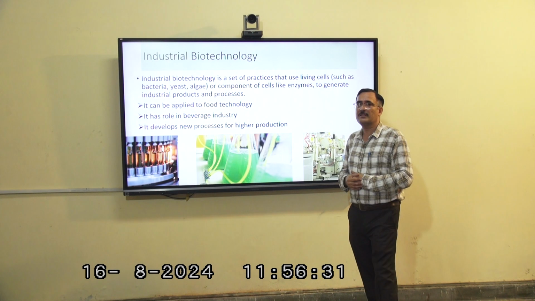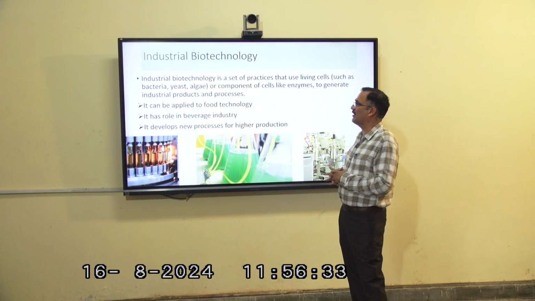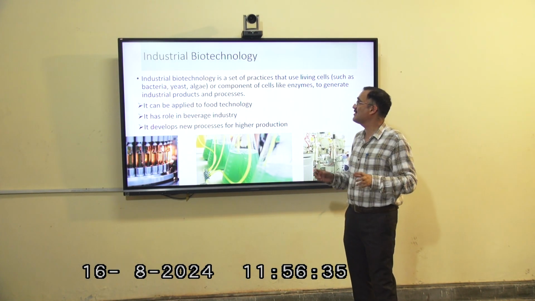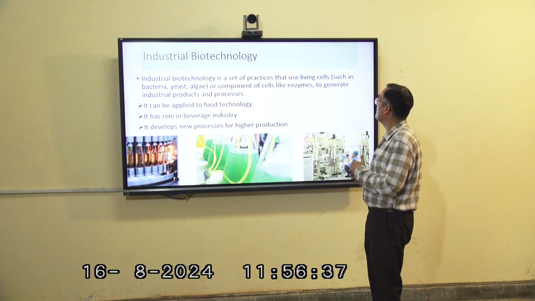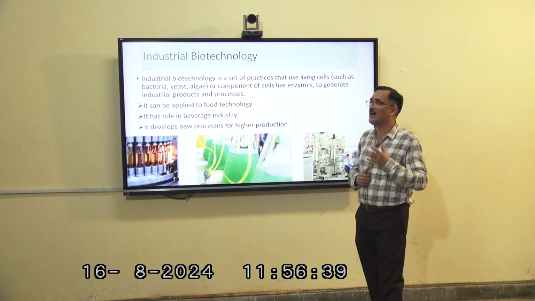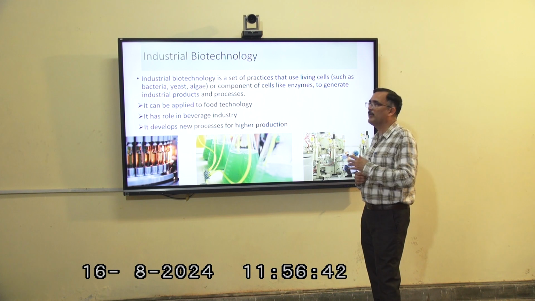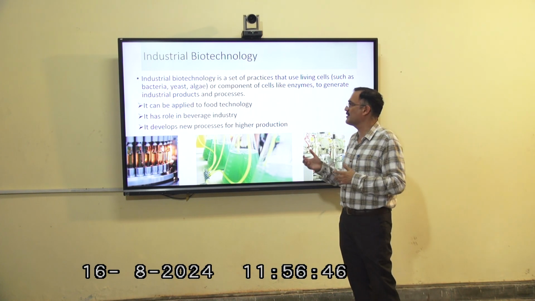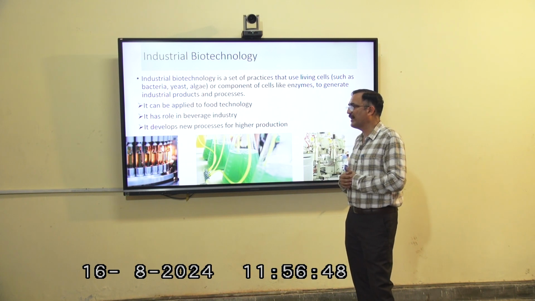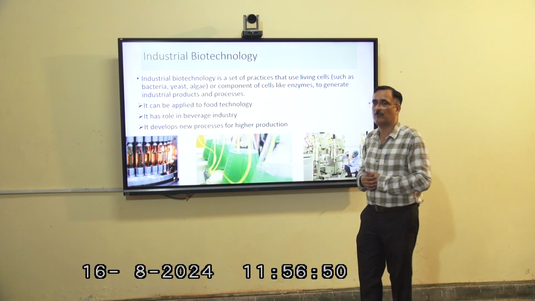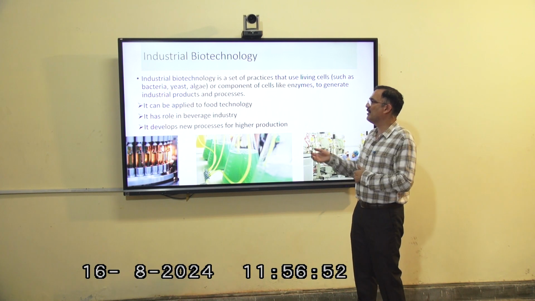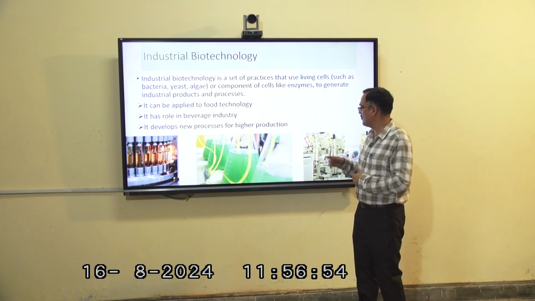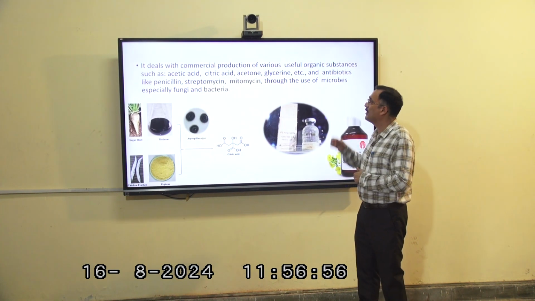Now talking about the third area, that is industrial biotechnology. Industrial biotechnology is a set of practices that use living cells such as bacteria, yeast, algae, or components of cells like enzymes to generate industrial products and processes. It can be applied to food technology, it can have a role in the beverage industry, it develops new processes for higher production of certain metabolites.